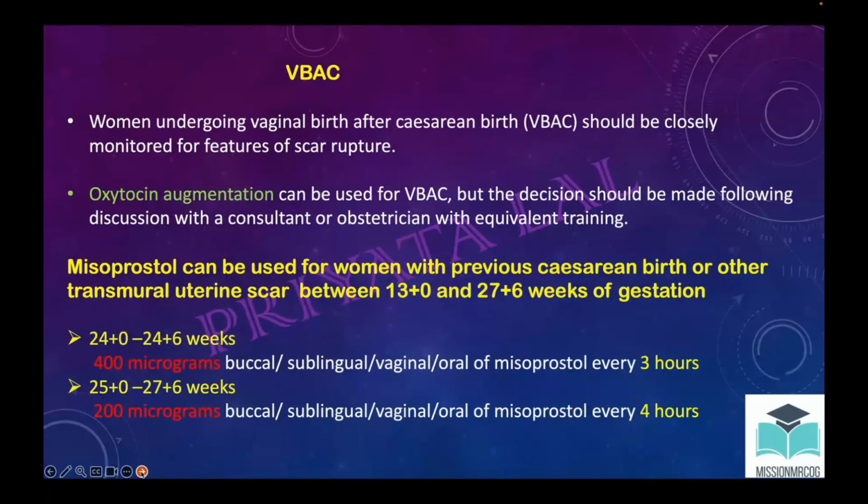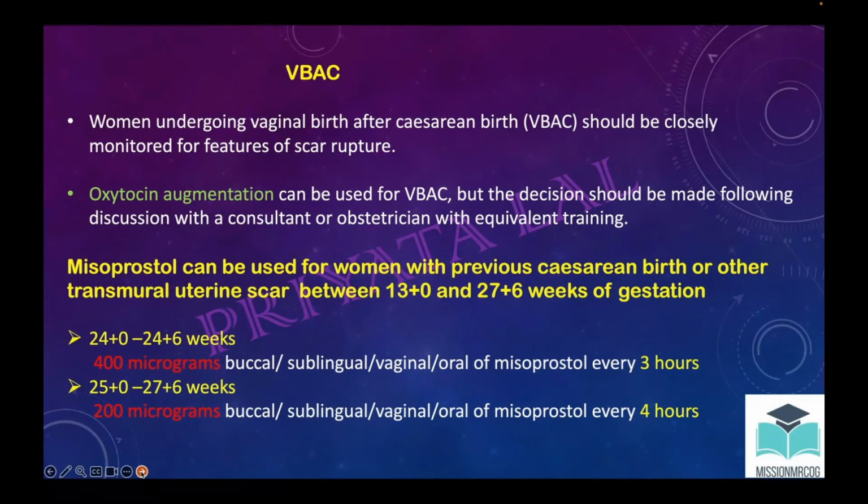Apart from this, this part is also new in the guideline: misoprostol can be used in VBAC, but the duration of gestation is from 13 weeks to 28 weeks, and they have given the doses also. So more than 28 weeks of gestation in VBAC, they are not using miso.